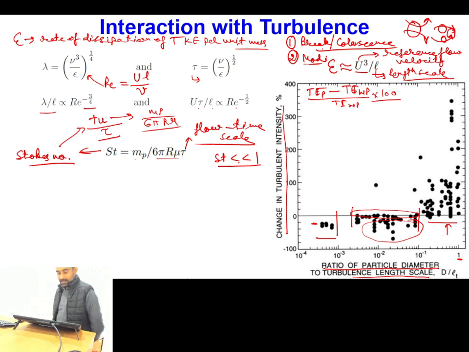And tau, the flow time scale, is the time scale at which the velocity of the surrounding fluid is changing. Okay, so if the particle relaxation time is very small in comparison to the time scale at which the velocity of the surrounding fluid changes, what will happen?